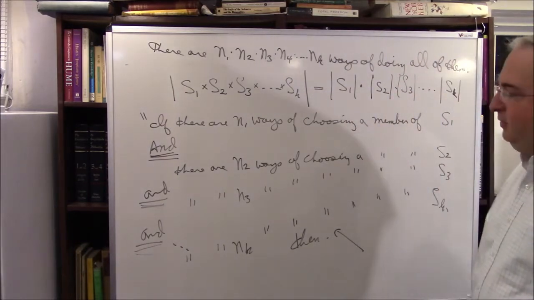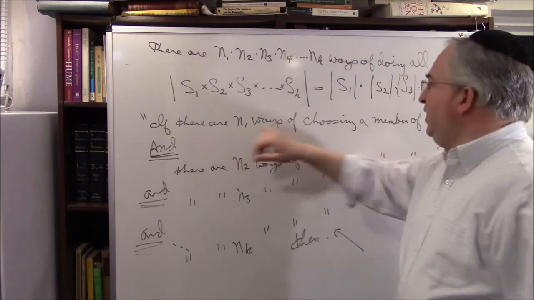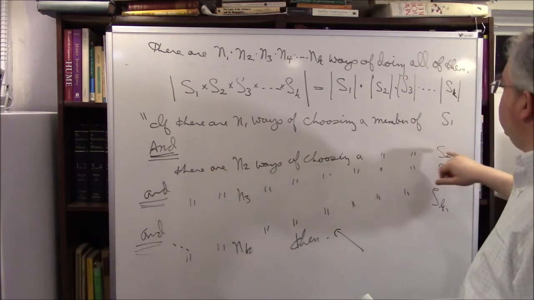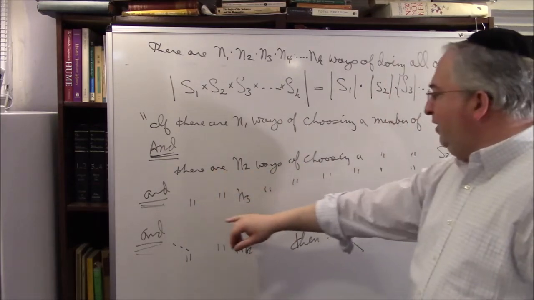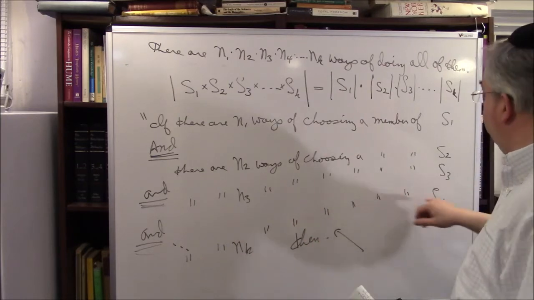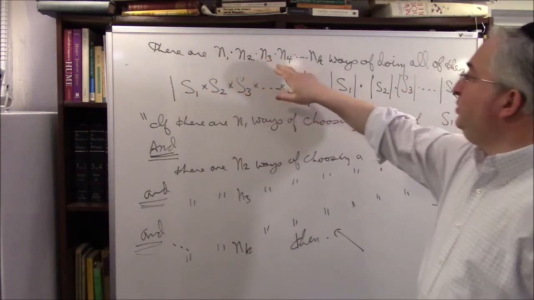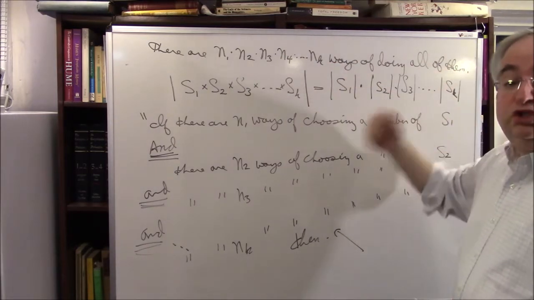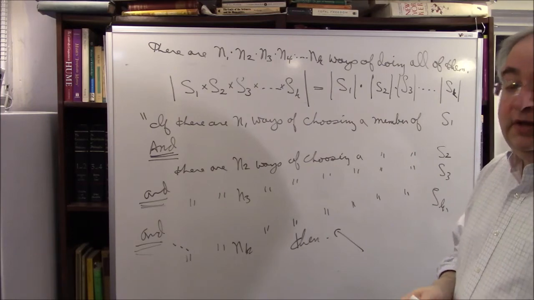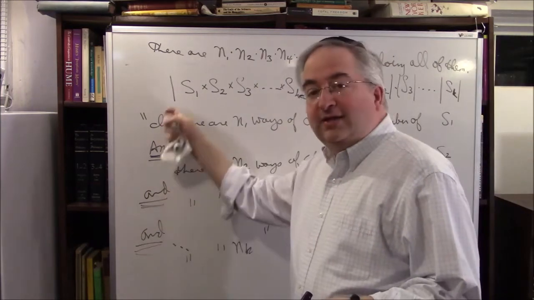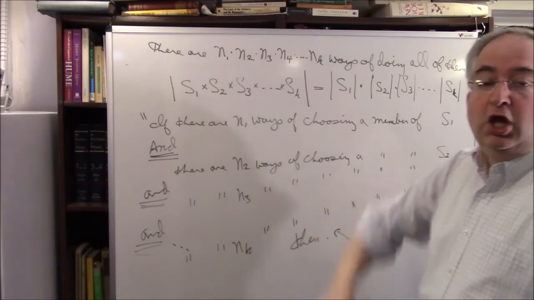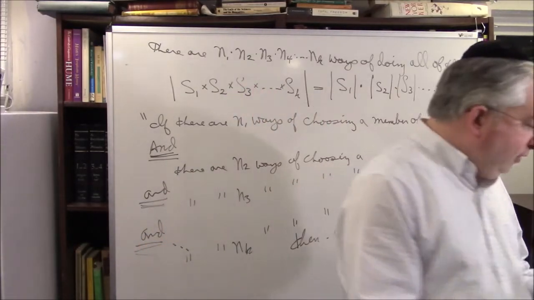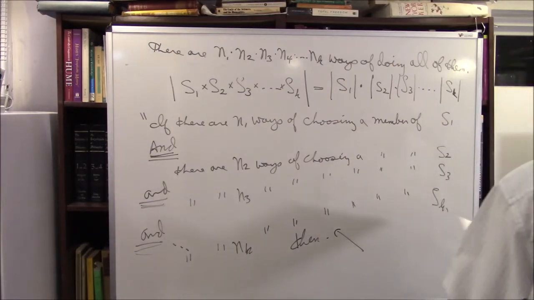So if there are n1 ways of choosing a member of S1, and there are n2 ways of choosing a member of S2, and there are nk ways of choosing a member of Sk, then there are n1 times n2 times n3 times ... times nk ways of doing all of them. In other words, doing all the choices. Main point, the word and is going to correspond to multiplication. The word or is going to correspond to plus. We're going to see that over and over and over again.